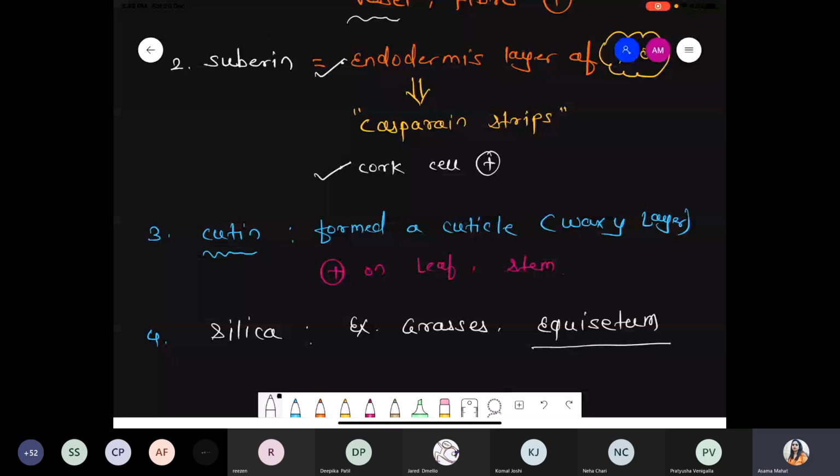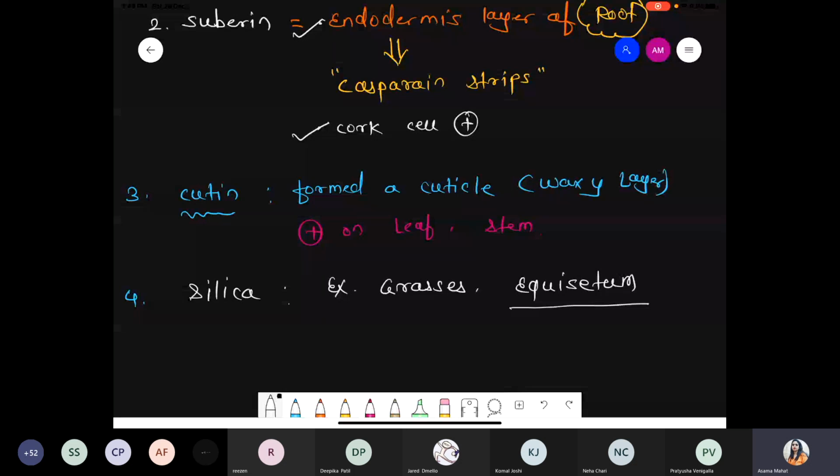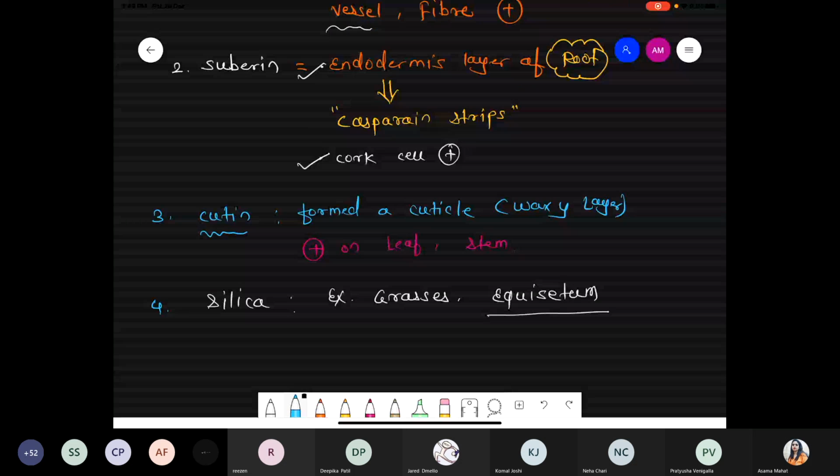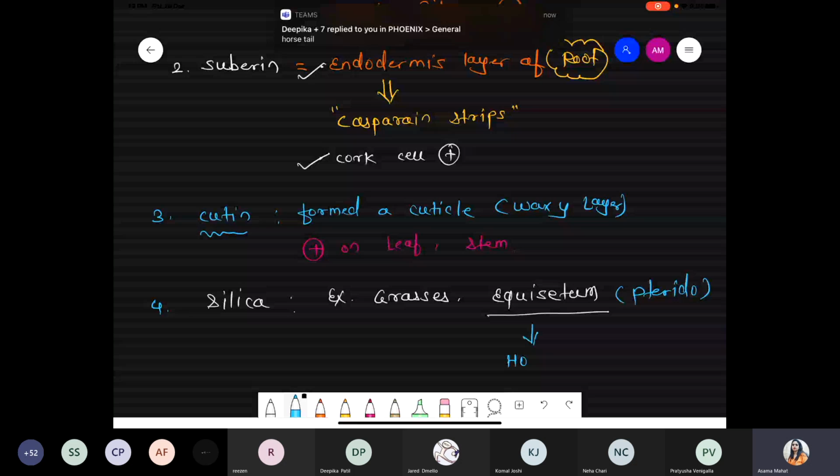And what is the common name for Equisetum, which is a part of Pteridophyta? Equisetum is also called the horsetail because it has a very long, elongated structure. So that's why it is called the horsetail.